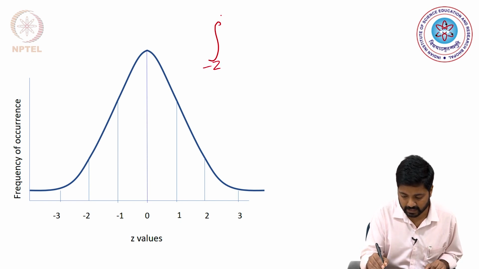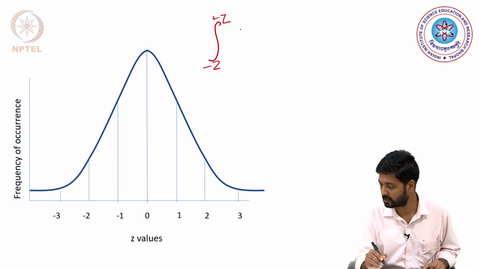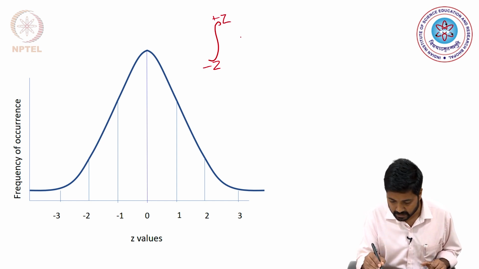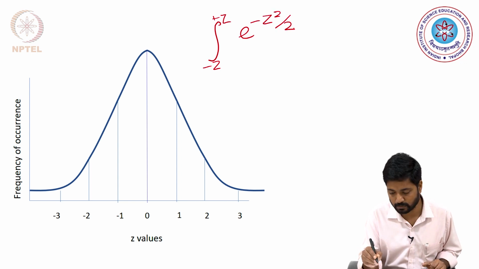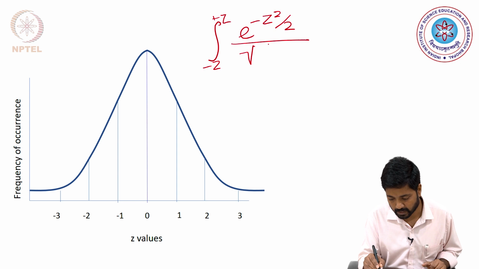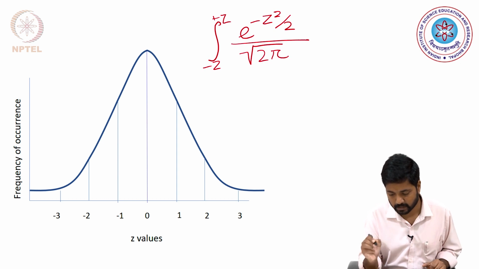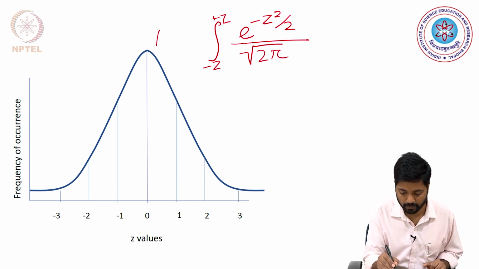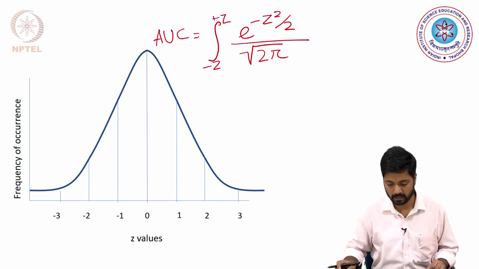You integrate it from minus z to plus z to get the area under the curve, and it takes the form of e to the power of minus z square by 2 divided by square root of 2 pi. If we integrate this, we get the area under the curve.